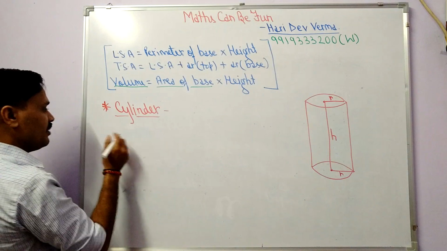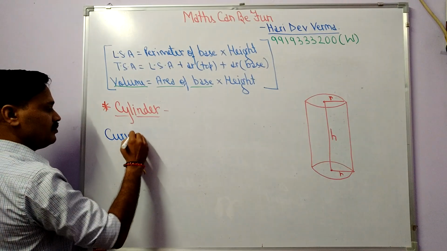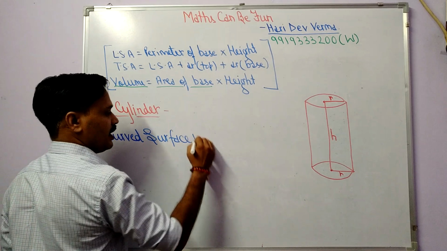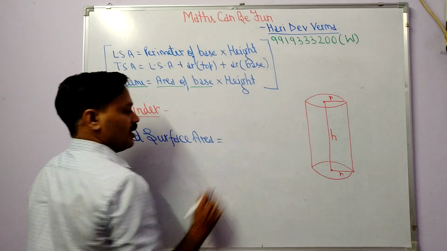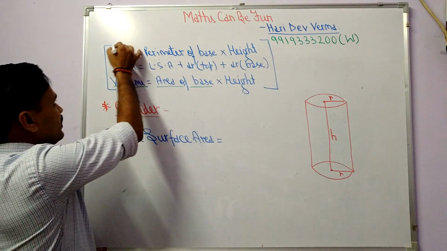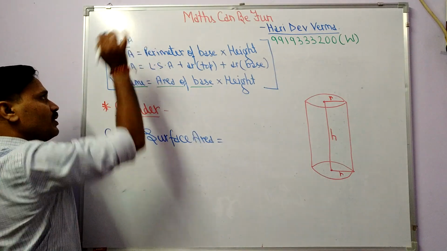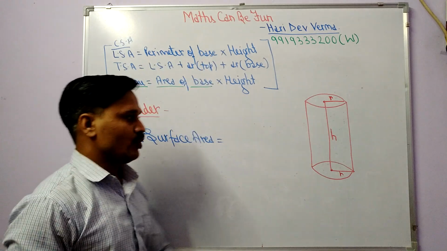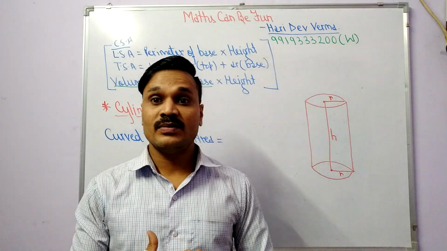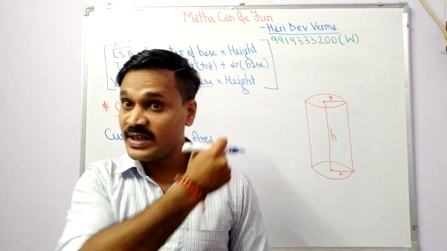What we mention is curved surface area, and the concept is the same. When we need to find the lateral, I am mentioning CSA here also: perimeter of the base. So what is the base? Base is circular, and the perimeter of the circle means circumference.